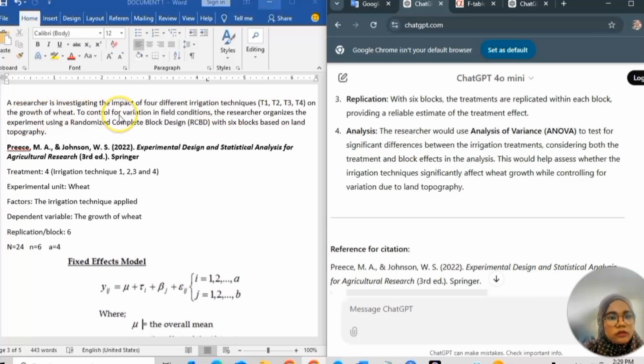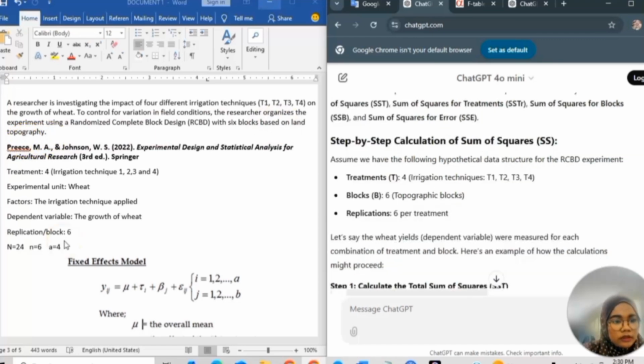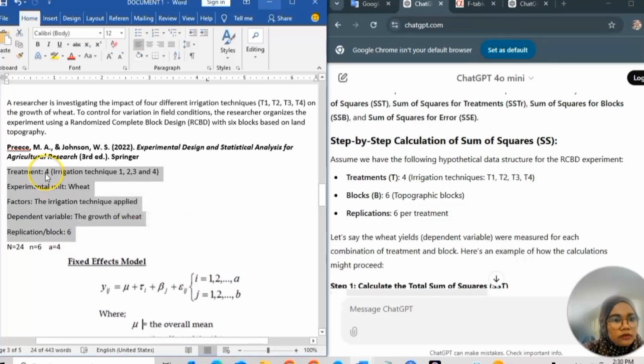To control for variation in field condition, the researcher organized the experiment using RCBD with blocks based on the land topography. From the question, we can find the output: treatment is irrigation technique 1, 2, 3, and 4. Experimental unit with factor, the irrigation technique applied, the dependent variable, the growth of wheat, replication of 6.